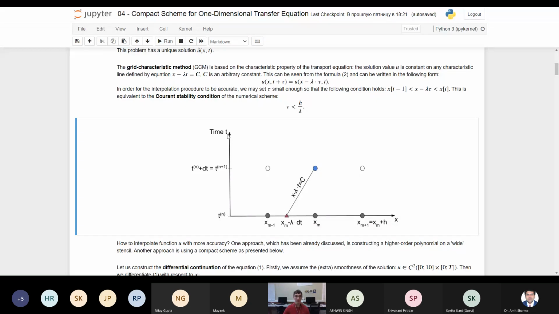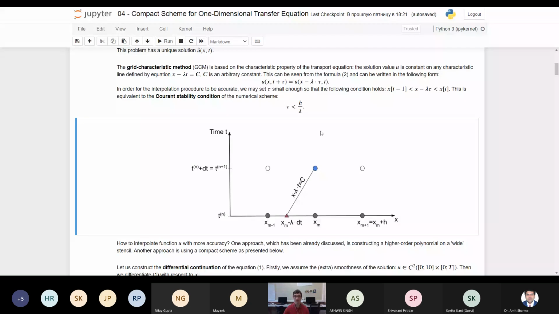The other axis is the time axis. So basically, since the function of the solution depends on two variables, x and t, it is defined in this whole region.